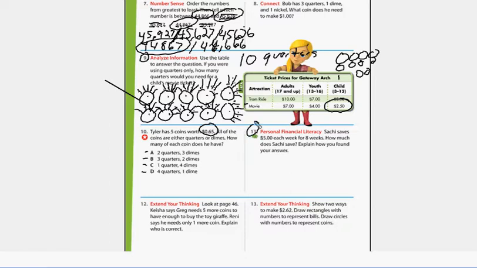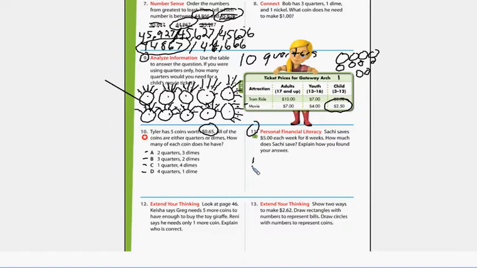Question number 11. Okay, personal financial literacy. It says Bobby saves $5 each week for 8 weeks. How much does Bobby save? Explain how you found your answer. $5 for 8 weeks. A lot of different ways you can do that.